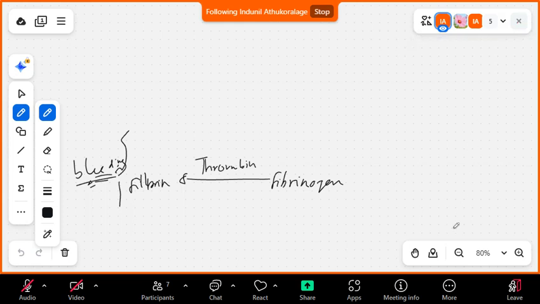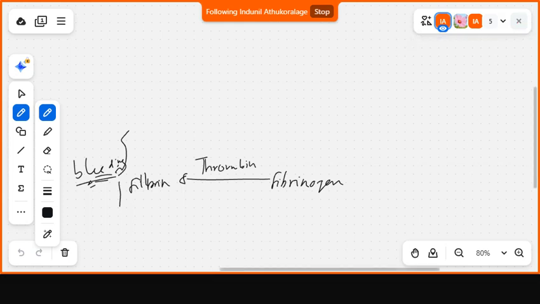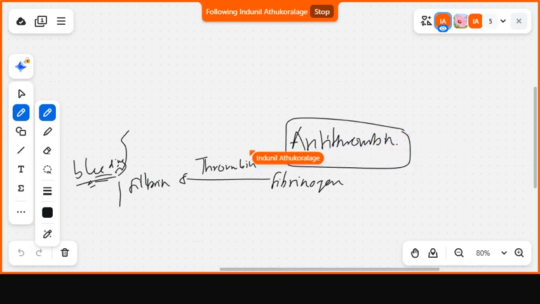Otherwise this will happen forever and clots will form, which can be dangerous. So one of the main control mechanisms is antithrombin. Antithrombin will inhibit thrombin. So when thrombin is inhibited, what happens?